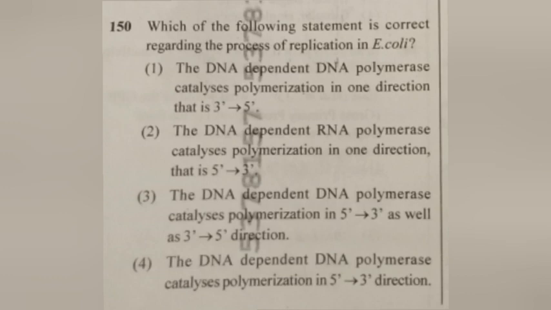The DNA-dependent DNA polymerase catalyzes polymerization in 5 to 3 as well as 3 to 5 direction. 4. The DNA-dependent DNA polymerase catalyzes polymerization in 5 to 3 direction. Answer 4. The DNA-dependent DNA polymerase catalyzes polymerization in 5 to 3 direction.